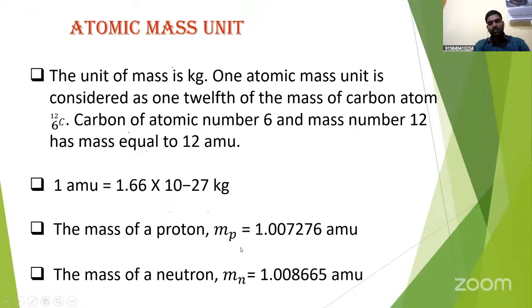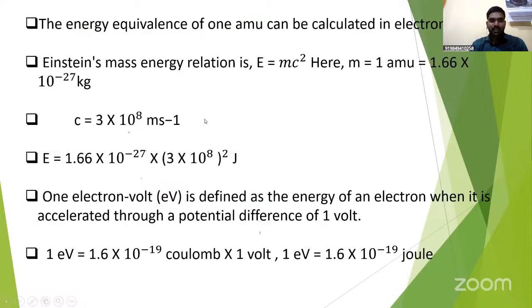The mass of the proton and the mass of the neutron are nearly equal, that is 1.008665 AMU. Okay. So this is about the mass. We will find the mass of the nucleus in AMUs, that is atomic mass, and it is 1/12 of the mass of the carbon atom. Okay.